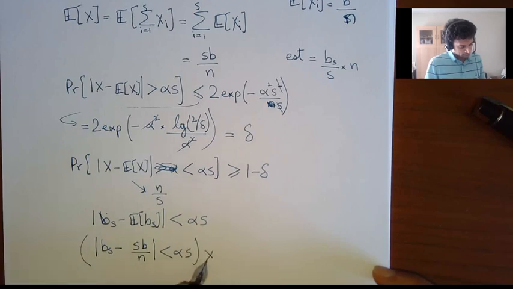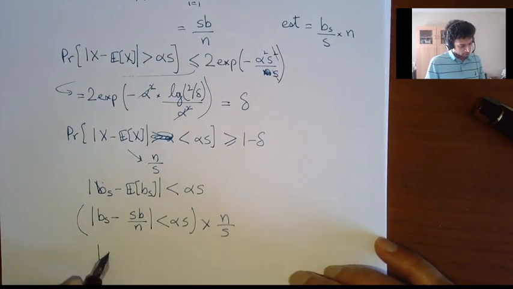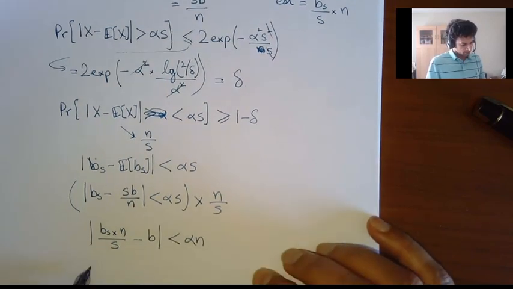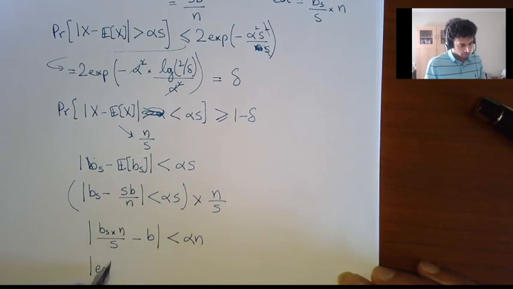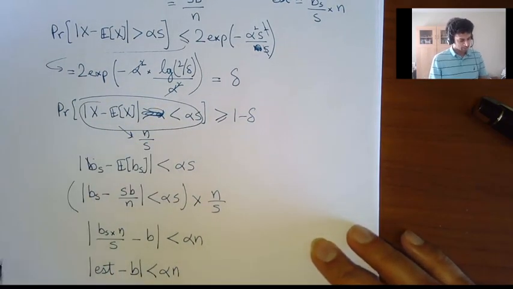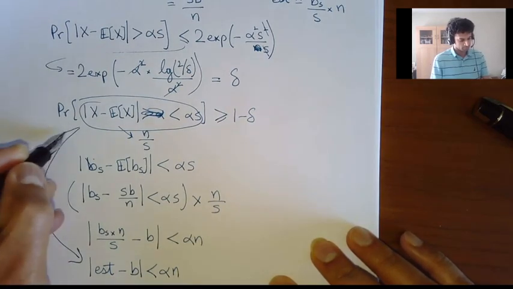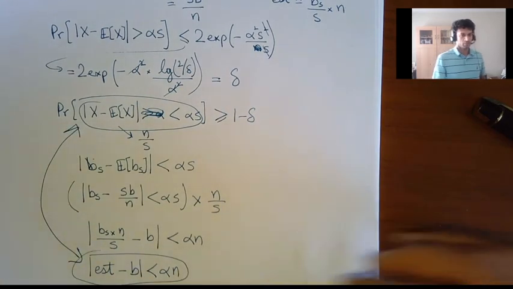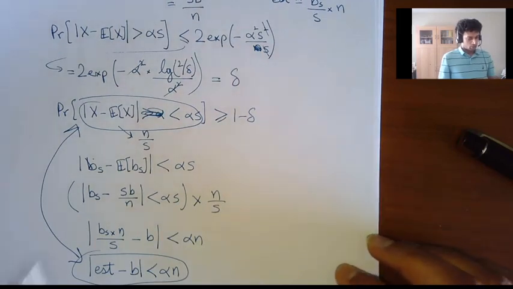And let me now multiply both sides by n divided by s. What I get is b sub s times n divided by s minus b is less than alpha times n. And this is exactly the estimate minus the truth. So these are identical.